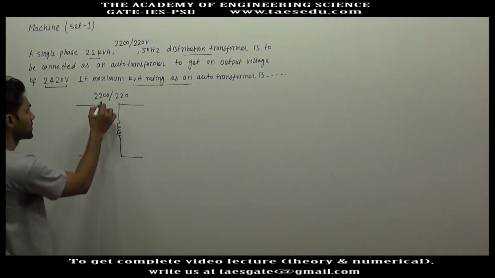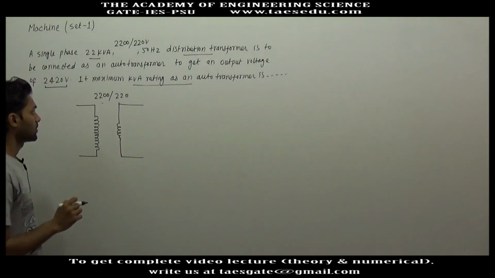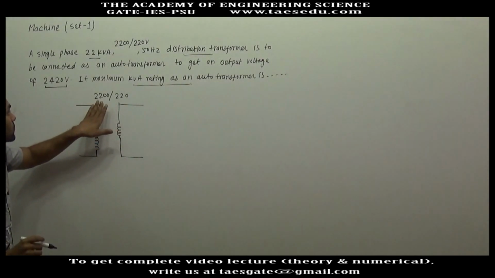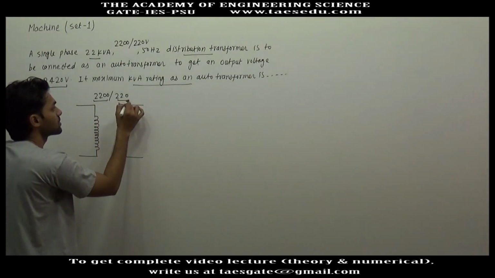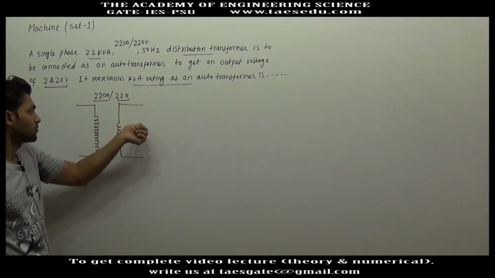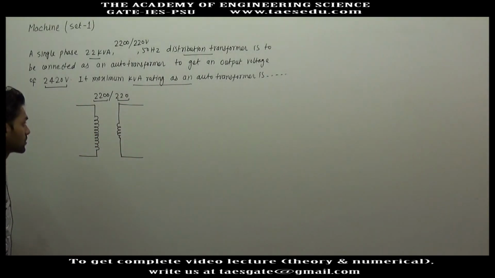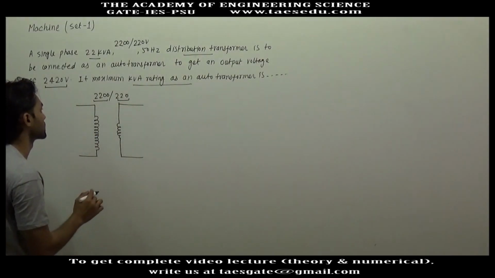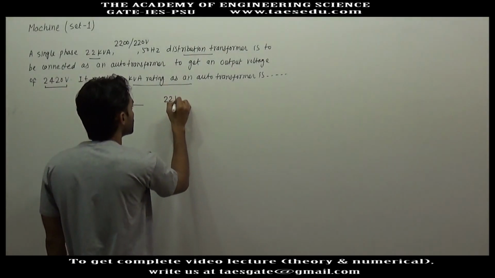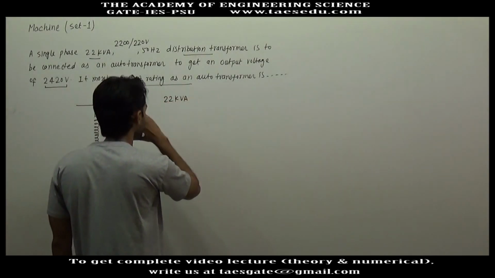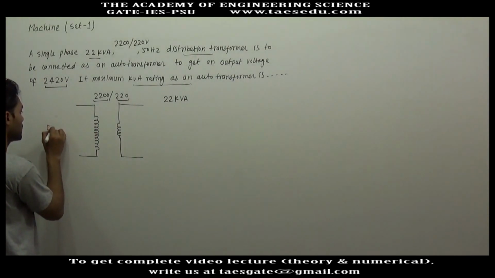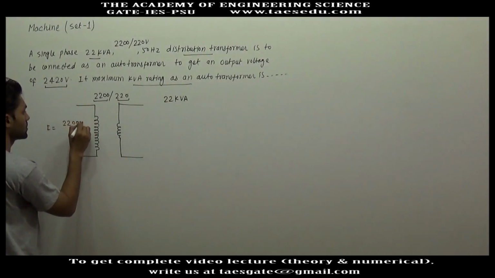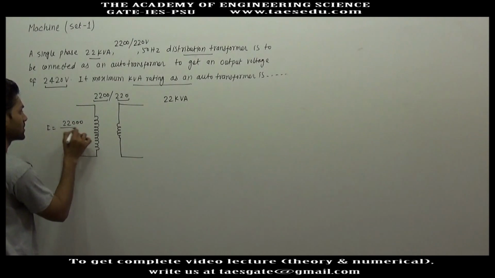So this is the voltage rating. This is the primary voltage rating, this is the secondary or the voltage rating of low voltage side. Now let us find out the current rating of these two windings. This is a 22 kVA transformer. So current rating of this winding will be 22,000, the kVA rating, divided by voltage rating of high voltage side.